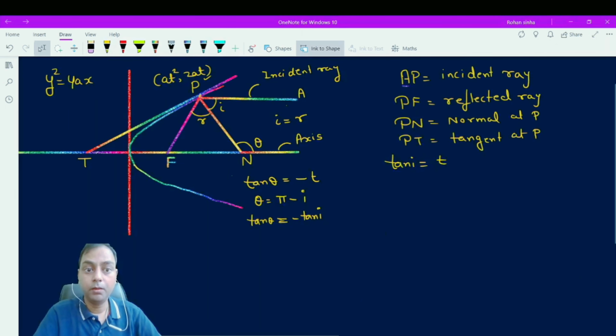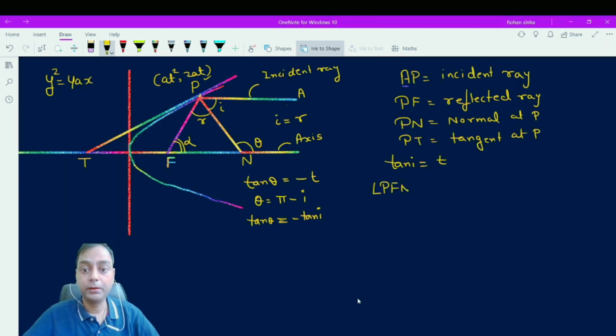Now, what about angle PFN? Say this angle is equal to alpha. Angle PFN is equal to alpha. So what can we say? We can say that i is equal to r here. So alpha is equal to pi minus 2i, because i is equal to r and i plus r plus alpha is equal to 180 degree according to property of parallel lines.